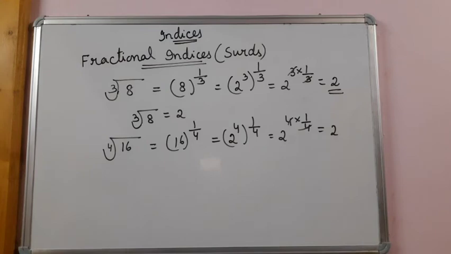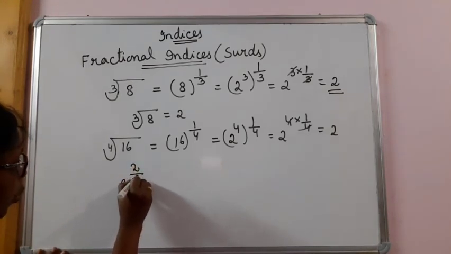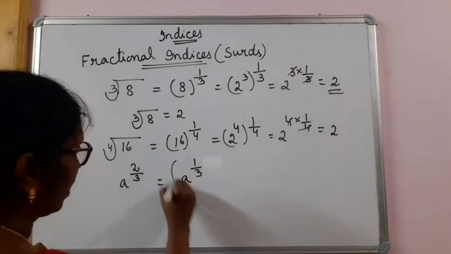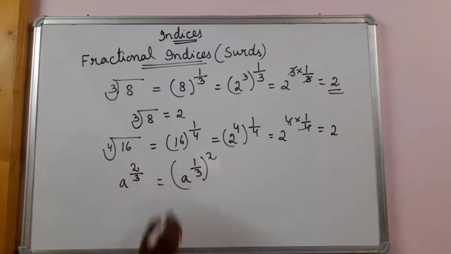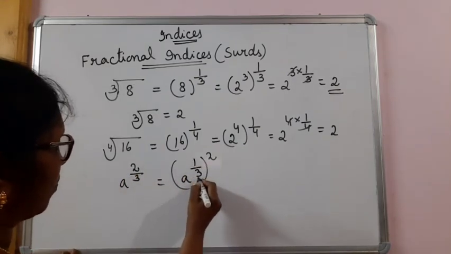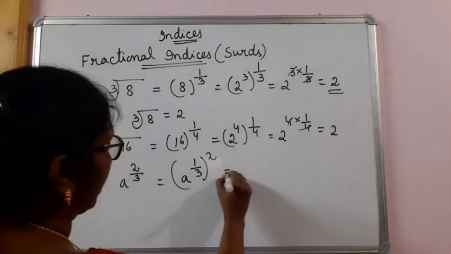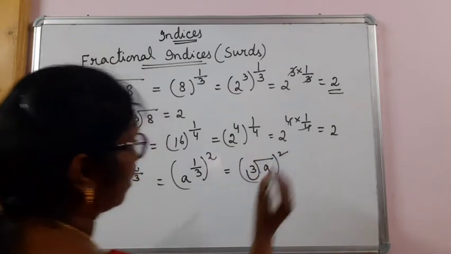Now, let me explain the meaning of a to the power 2 by 3. That is equal to a to the power 1 by 3, whole to the power 2. We can expand power 2 by 3 in the form of a to the power 1 by 3 whole square. And a to the power 1 by 3 can be written as cube root of a, whole square.